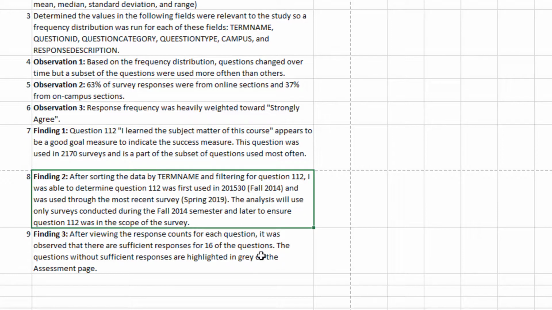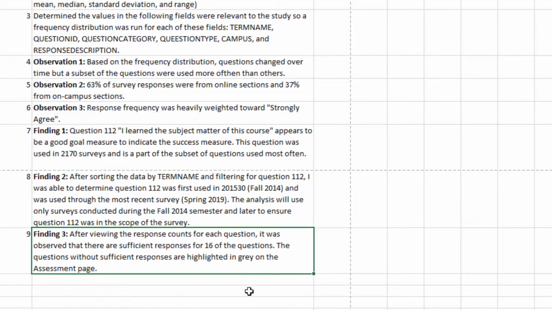I also looked at the term name, and I saw that question 112 was first asked during the fall of 2014. So that's where I'm going to start my analysis, taking a look at the data beginning fall 2014 and moving forward. I also identified a set of 16 questions that appear to be the most frequent questions, and that they exist from fall 2014 moving forward.